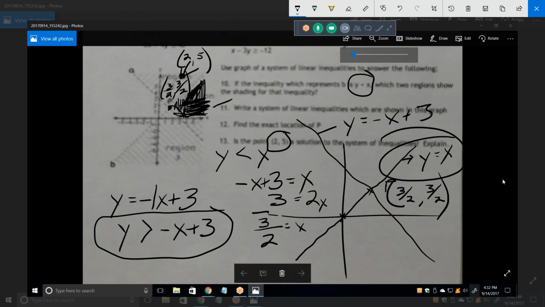And this region is below that line. 2 comma 5 is above that line, and we need to be below that line because the inequality was y is less than x. So this y coordinate, at least at a very minimum, has to be less than the x coordinate for you to have any chance of being in that region. Okay.